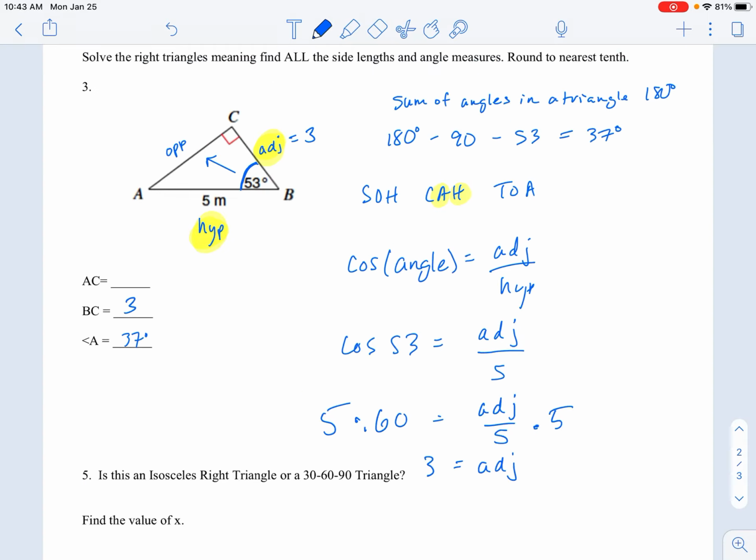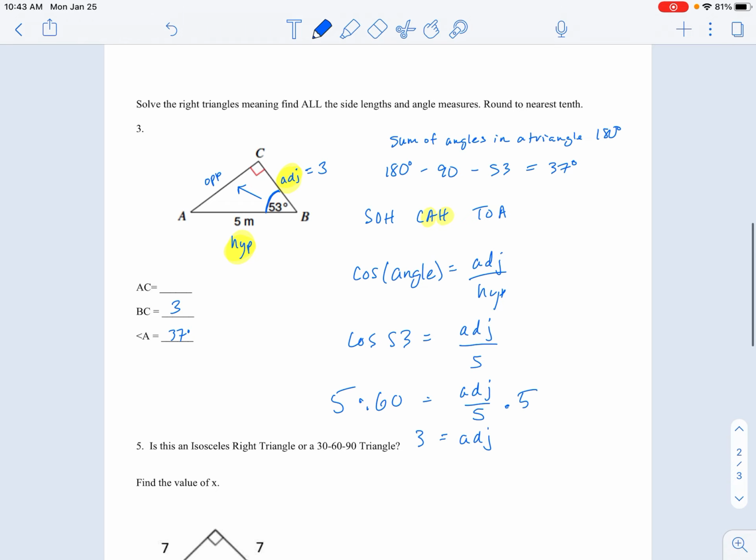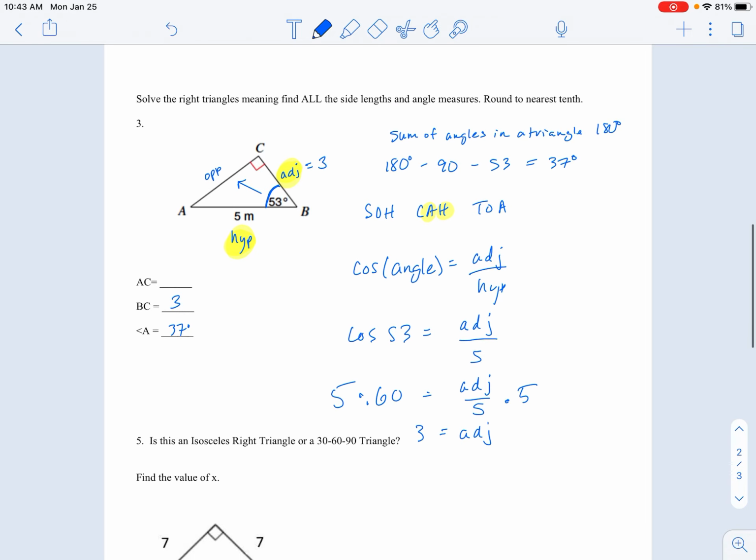Now to find AC, I have two choices. I could do another sine, cosine, or tangent, or I could use the Pythagorean theorem if I wanted to. Because I could say I have A squared plus B squared equals C squared.